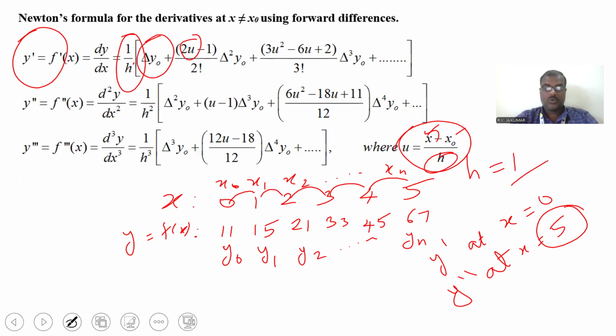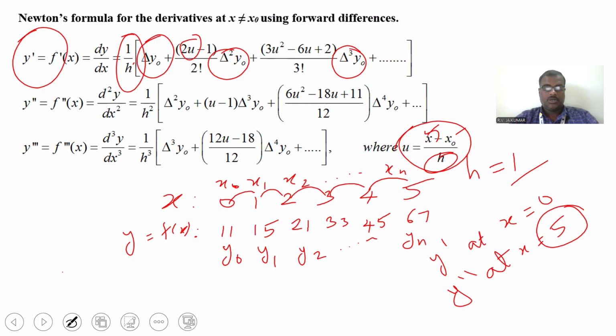So you can substitute h equal to 1, x equal to 5, x naught equal to 0. Then we'll get the u value as 5. Then you can substitute the value of u in that particular formula. The thing is to find the value of delta y naught, delta square y naught, delta cube y naught, and so on. It is based on the formula, it may extend.